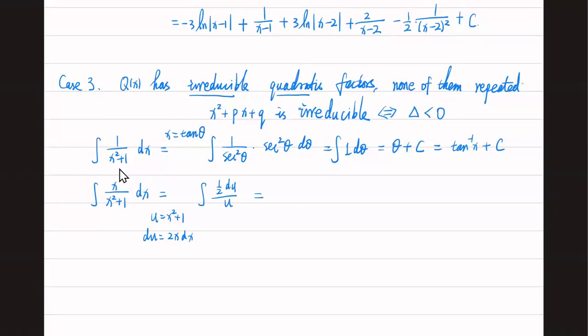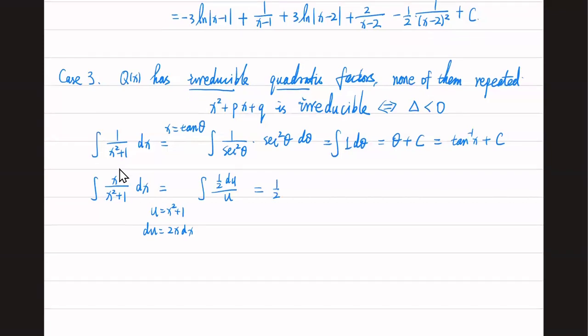Okay, Sakina, how do we integrate this? 1 over u, how do you integrate 1 over u?